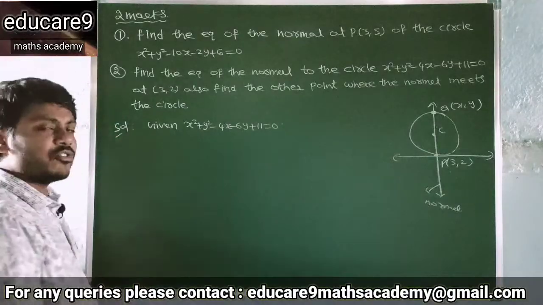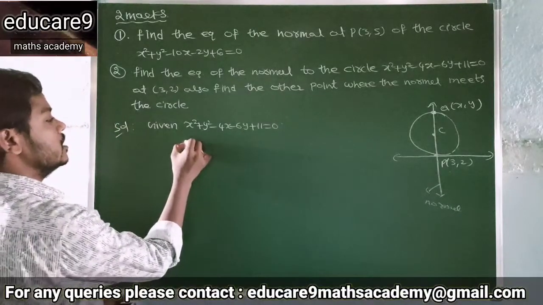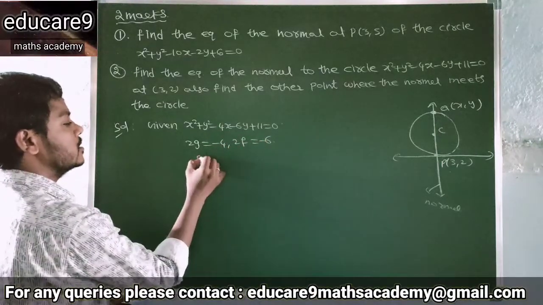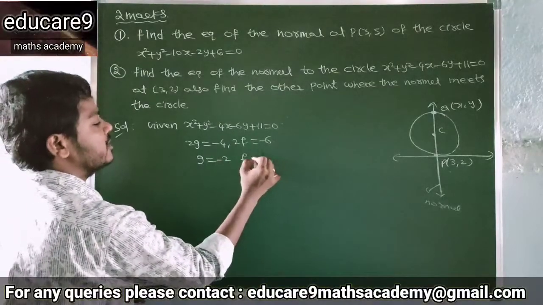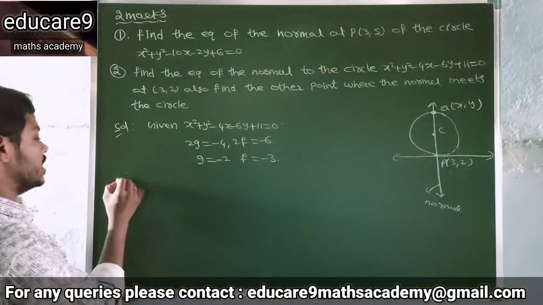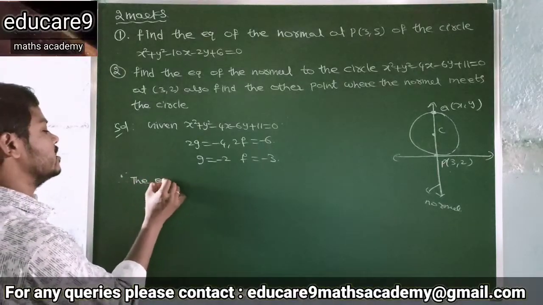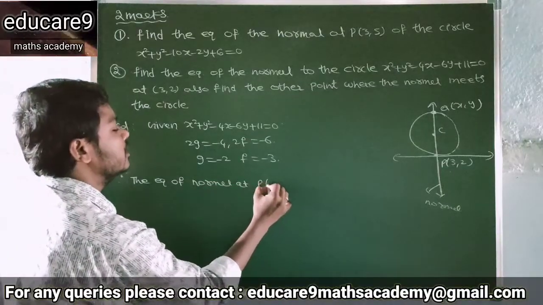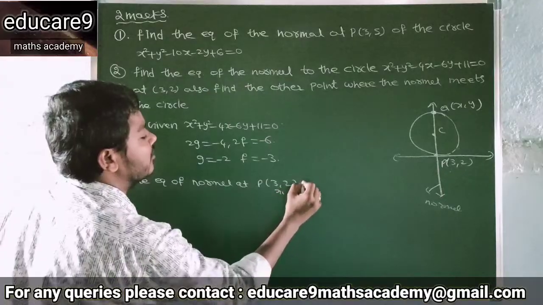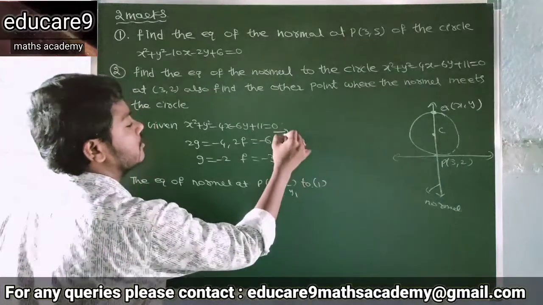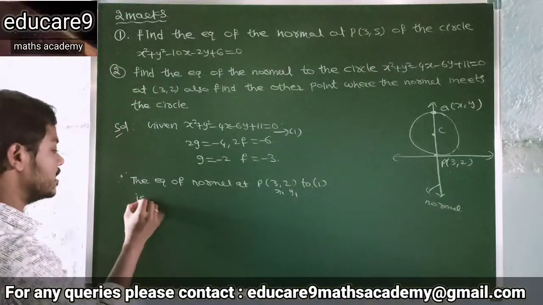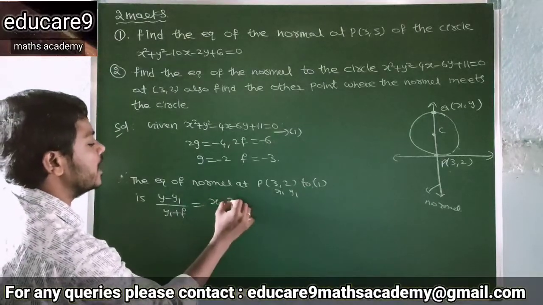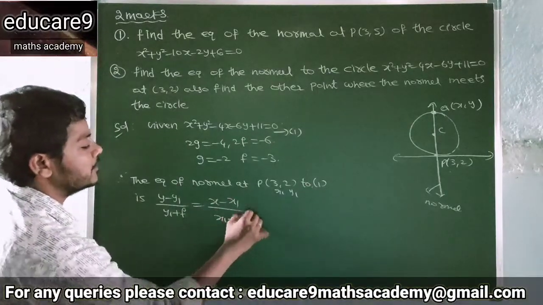So see here, first find the equation of the normal. So 2g is equal to minus 4, 2f is equal to minus 6. So g is equal to minus 2, f is equal to minus 3. Therefore, the equation of normal at point (3, 2), this is (x1, y1), to the circle 1 is (y minus y1) by (y1 plus f) is equal to (x minus x1) by (x1 plus g).